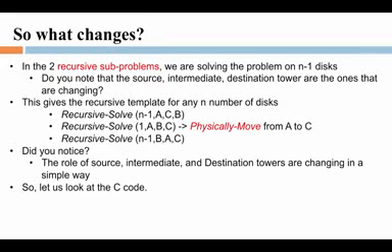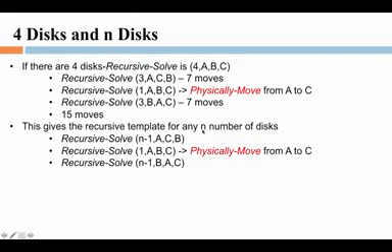You only recursively said that the sequence of steps required to move n disks from tower A to tower C can be obtained by recursively finding the sequence of steps to move n-1 disks from A to B via C, then by performing this single physical move of the largest disk from A to C, and then recursively moving the n-1 disks from B to C via A.